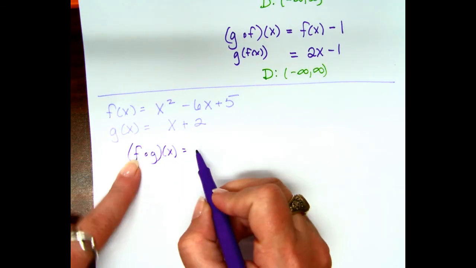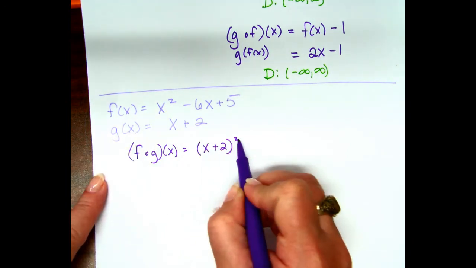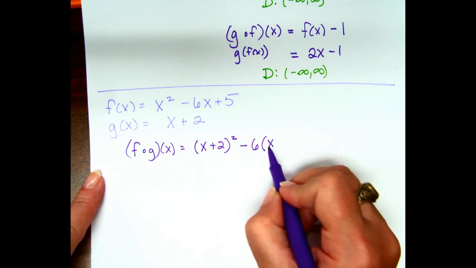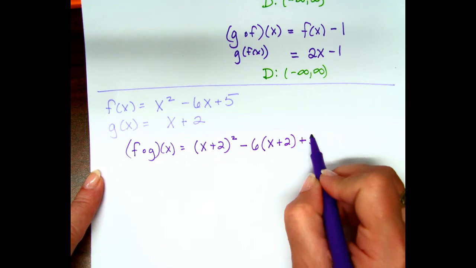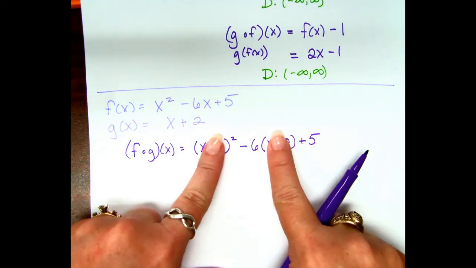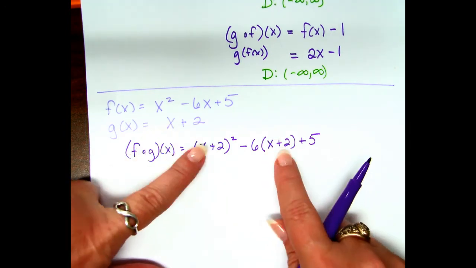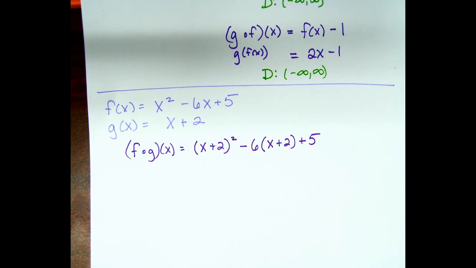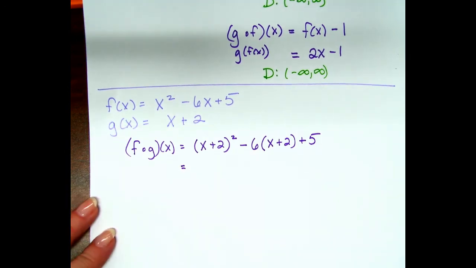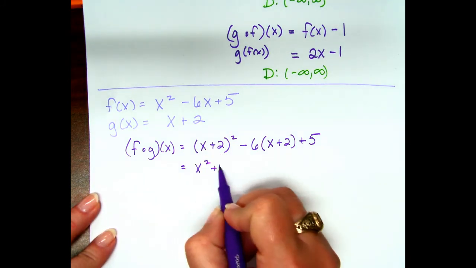So instead of writing g of x squared, I'm actually going to write what g of x is, squared, minus 6 times g of x, plus 5. Anywhere there's an x, I got to write g of x. If you need to physically write g of x, do that, and then the next step you can substitute in what you know g of x is. Does that make sense? Now we just have to simplify. x squared plus 4x plus 4.